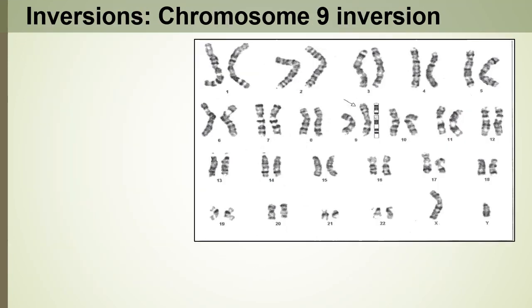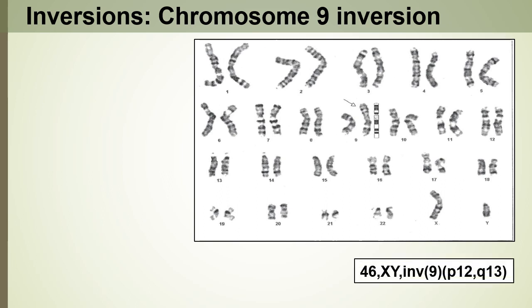Inversion is a chromosome rearrangement in which a chromosome segment is reversed end to end. Here, inversion of chromosome number 9 is shown. To designate the karyotype, it has to be written as 46, XY, inv 9 p12, q13.